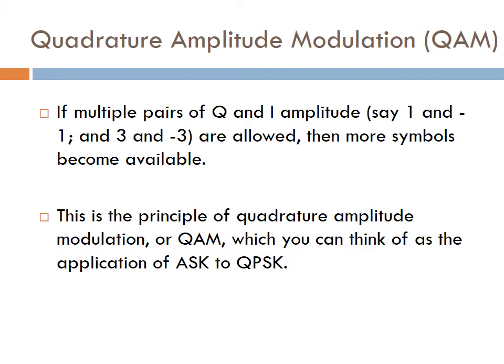If multiple pairs of Q and I amplitude, say 1 and -1 and 3 and -3, are allowed, then more symbols become available. This is the principle of quadrature amplitude modulation, or QAM, which you can think of as the application of ASK to QPSK.